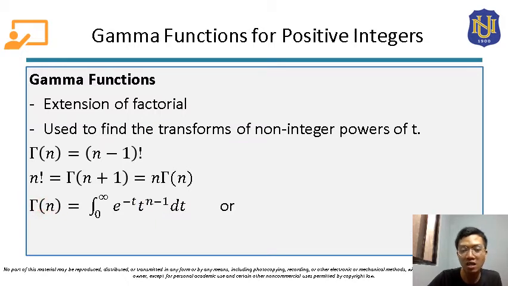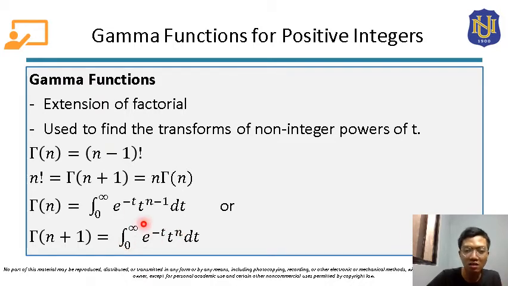We can also use this: gamma of n plus 1 is equal to the integral of e raised to negative t times t raised to n dt, from 0 to infinity. We are going to use this formula to solve for gamma of n for positive integers.